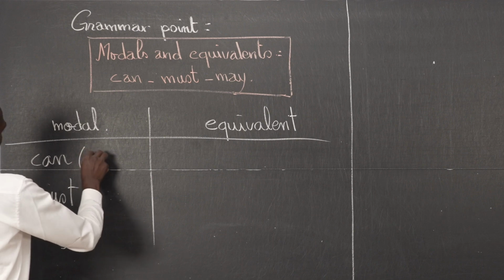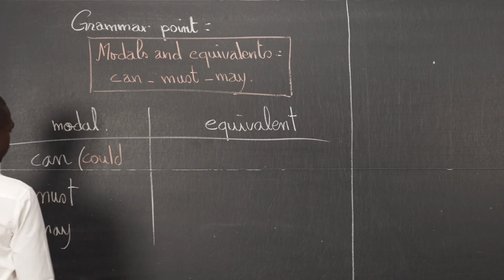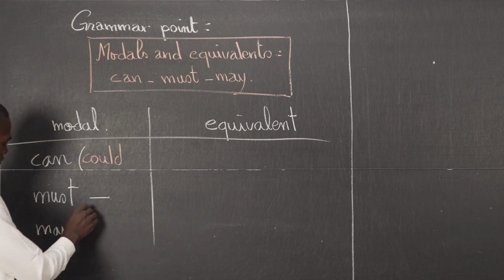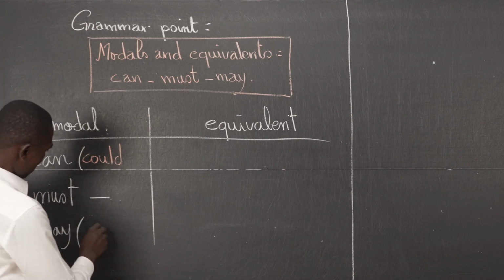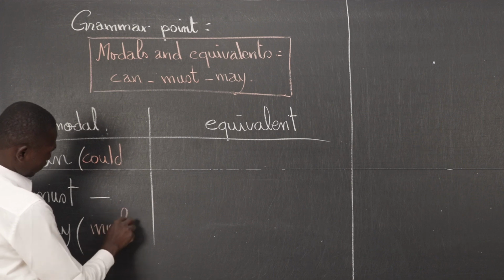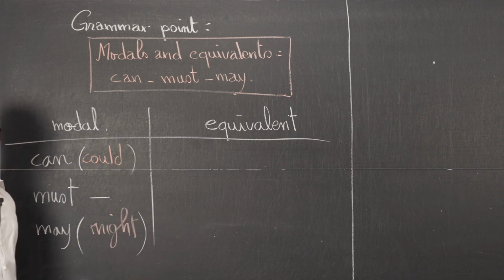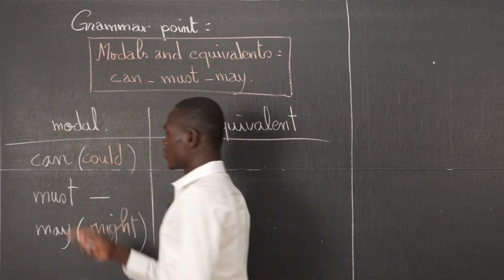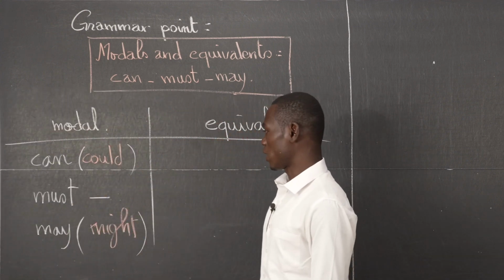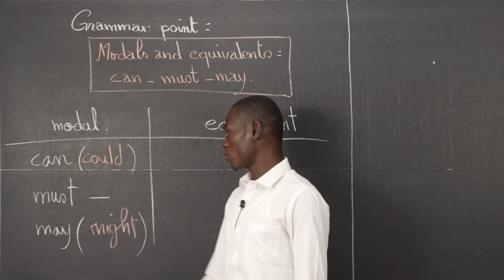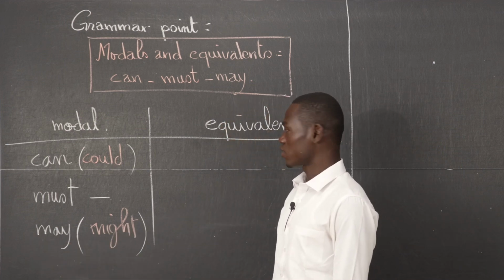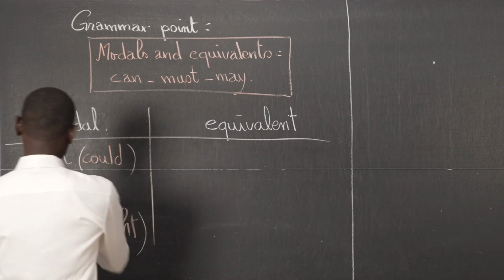The preterite of can is could, nothing for must, and might for may. So the preterite for can is could, nothing for must, and the preterite for may is might.